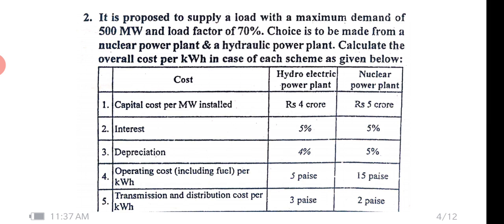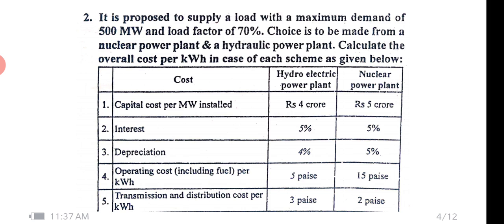There are three columns. One is cost, second is hydroelectric power plant, and third is nuclear power plant. The capital cost per megawatt installed is 4 crore rupees per megawatt for hydroelectric, and 5 crore per megawatt for nuclear. Interest is 5% for both.